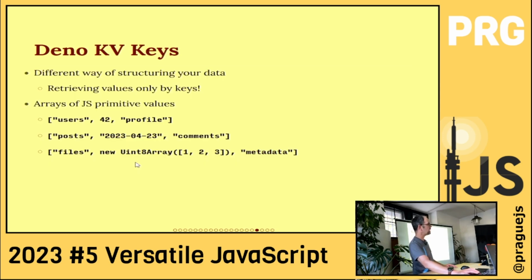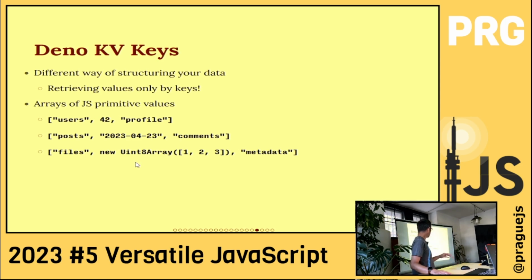Now, those KV keys are arrays. So you have to think a bit differently about structuring your data. You are used to storing data in databases using a relational approach, tables, columns, and rows, and so on.